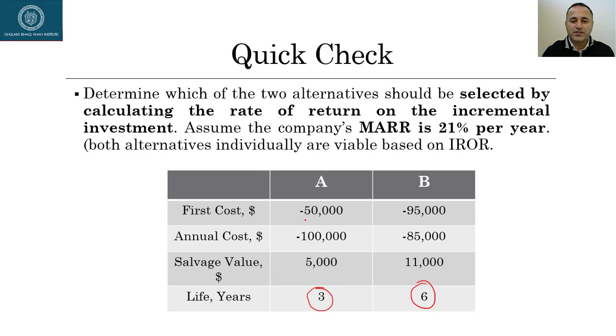The first cost of project A is minus 50,000, the annual cost is minus 100,000, and the salvage value is 5,000. The service life of alternative A is 3 years. For project B, 95,000 is the initial investment, the annual cost is 85,000, and the salvage value is $11,000, and it has 6 years of service life.